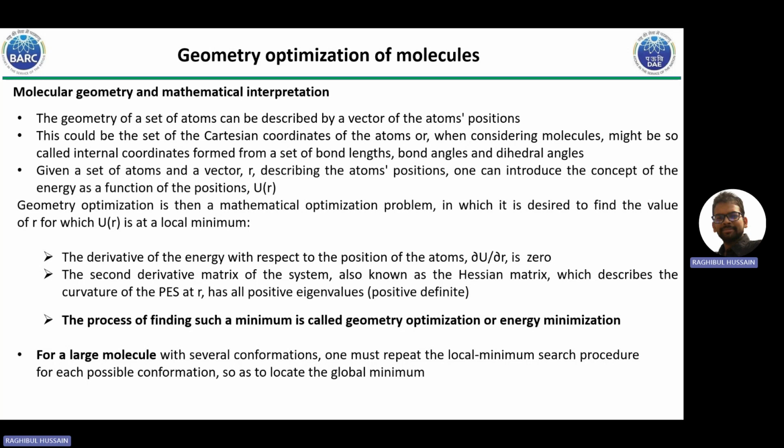From that you get your minimum energy, and once you have your minimum energy, you calculate all the structural parameters. If you want to calculate spectra, you can calculate spectra. So a lot of things you can calculate. So basically, the definition of geometry optimization is nothing but energy minimization.